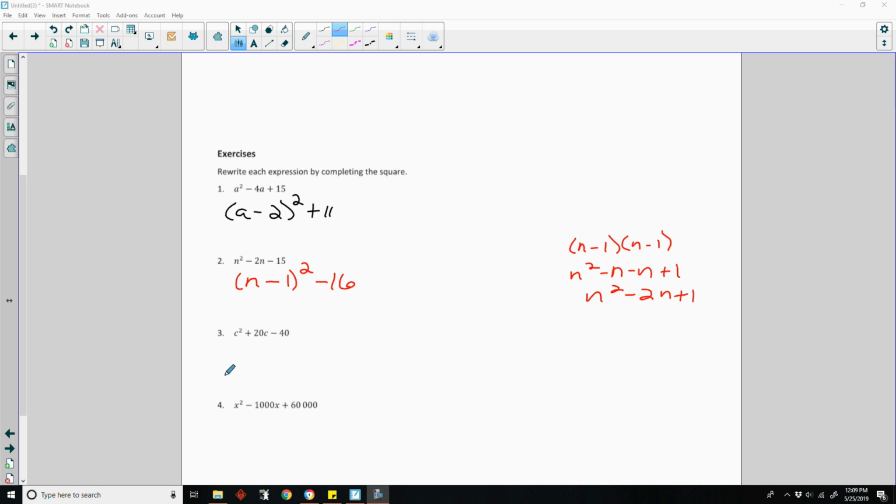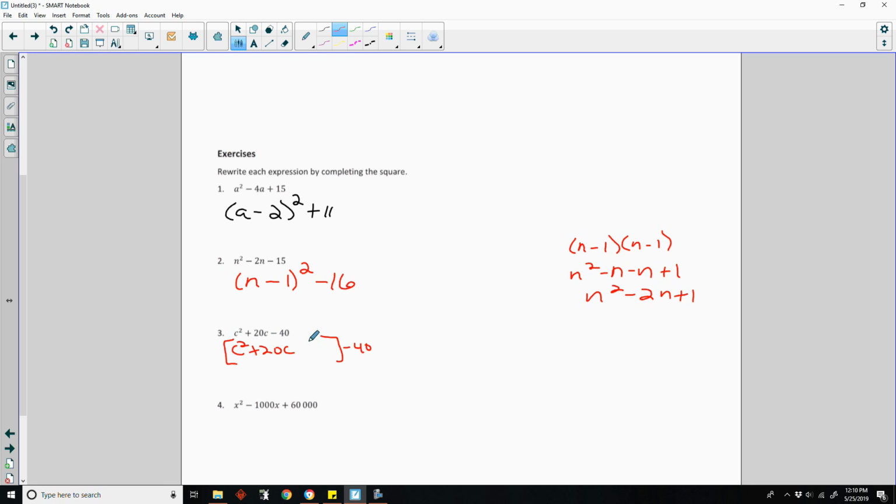So in other words, if I take this c squared plus 20c minus 40, then that is c squared plus 20c, and then I'm going to leave a space, and then I'm going to put minus 40 over here. Now what I need to do is make a perfect square, so I'm going to put a bracket here.